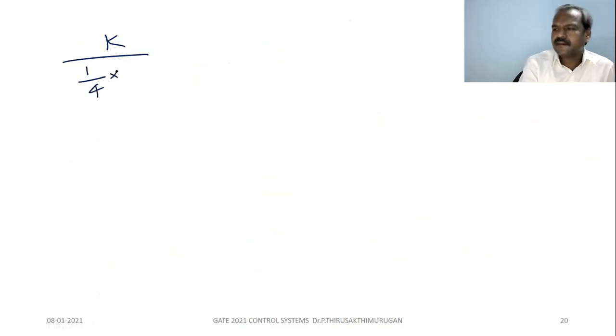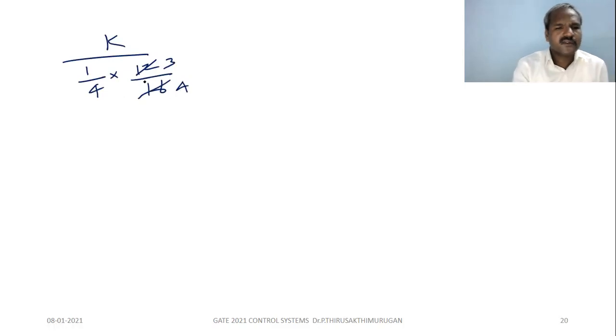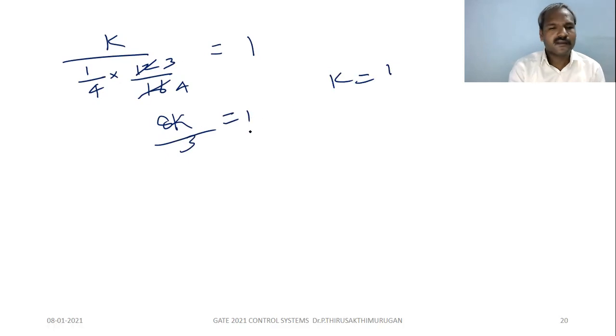So k divided by 1 by 4 into 12 by 16. 3 fours are 12, 4 fours are 16, so this becomes 8 by 3. This equals 1, so 8k by 3 equals 1, so k equals 3 by 8.